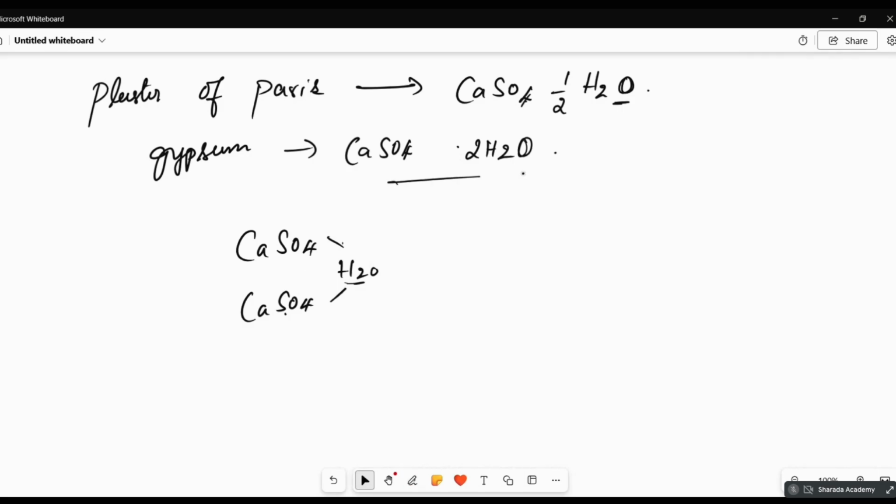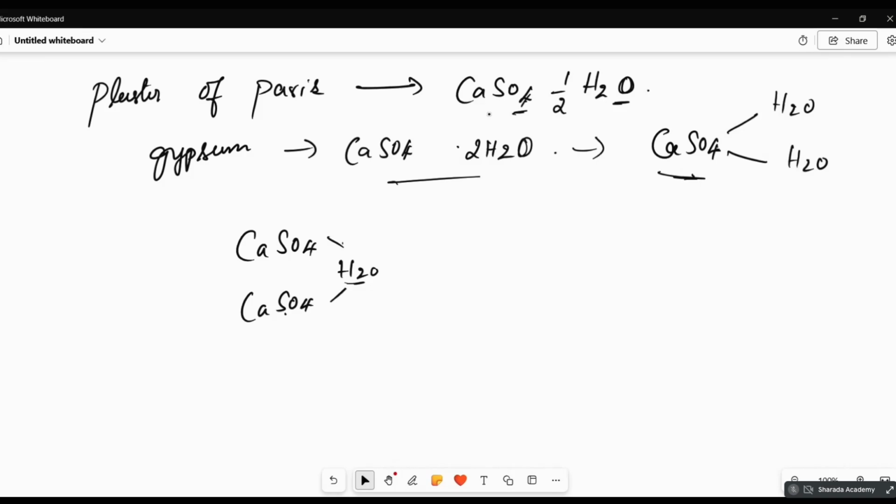CaSO4 2H2O. Here you have CaSO4, and with that you have 2H2O. So this is a hard mass, and this is a white powder. This is about that.